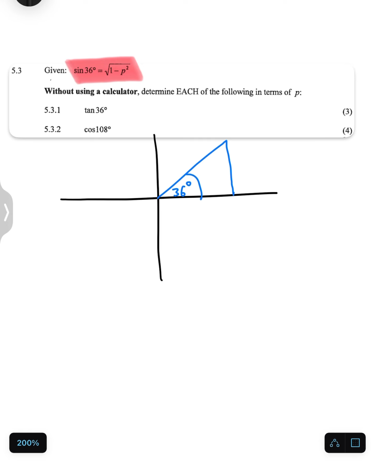Okay, so now we need to find what is our opposite side, what is our adjacent side, and what is our hypotenuse. So we know that sine 36 degrees is equal to square root of 1 minus p squared.